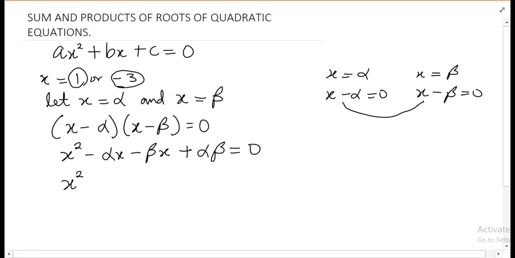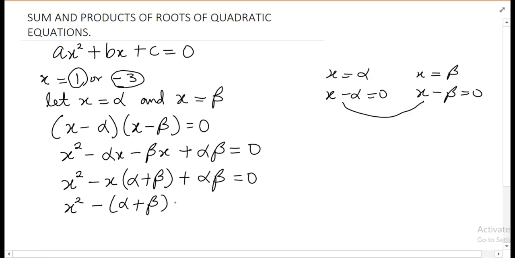Since x is common here, we can use x to factorize. That is minus x, and inside the bracket you have alpha plus beta, plus alpha beta equals 0. So you can rearrange this as x squared minus (alpha plus beta) x plus alpha beta, which is equal to 0.